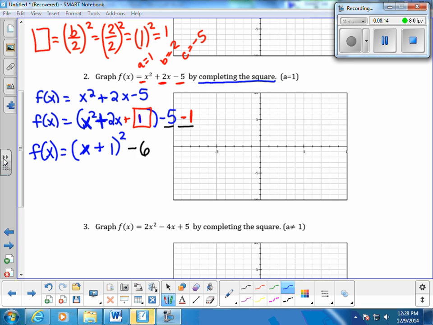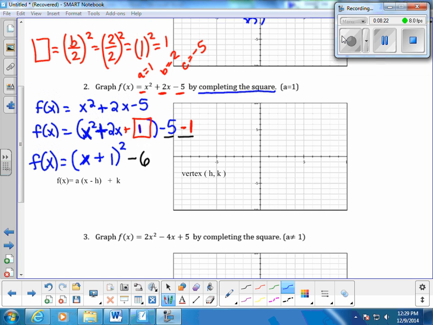We now see that we have the vertex form of our parabola, which if I pull those formulas in real quick, I can see that my h is going to be the opposite of this, so it's -1. And my k is going to be whatever I have out here, which is -6. So my vertex is that (h, k), and I can name my vertex from here.